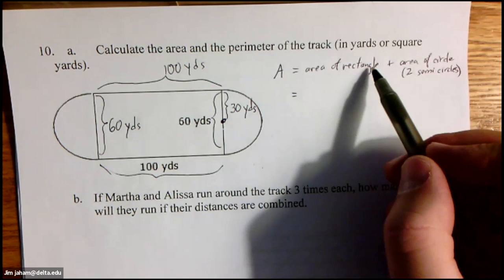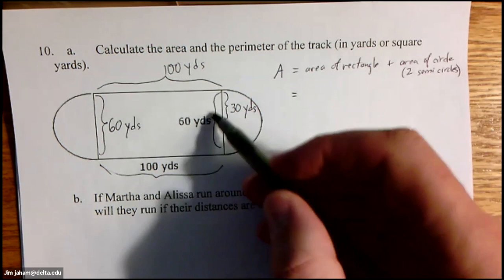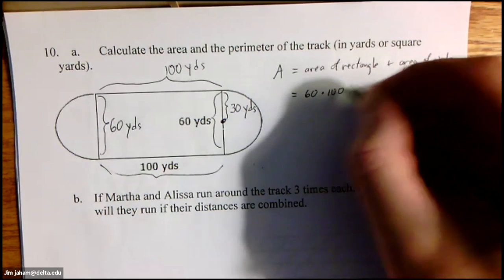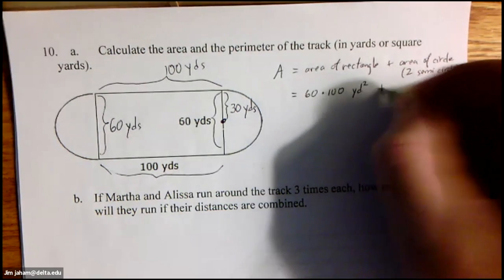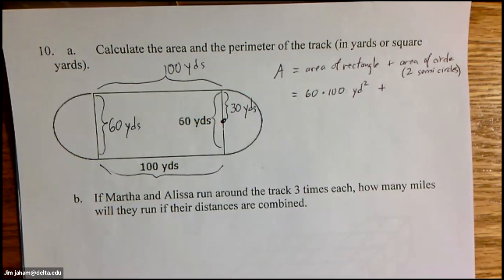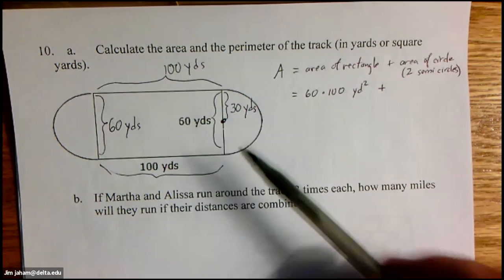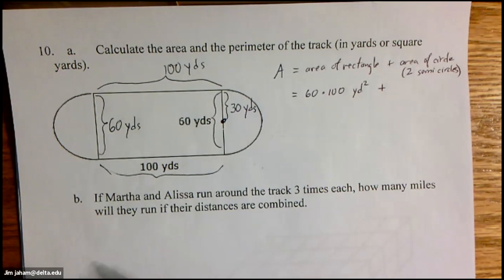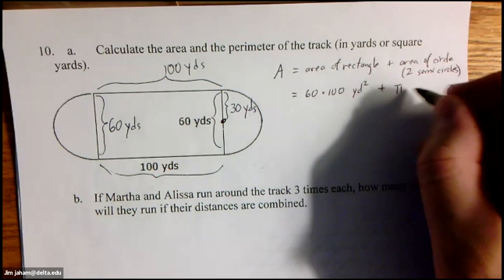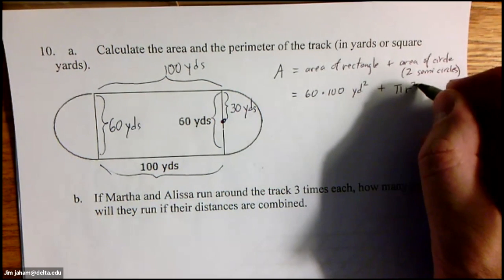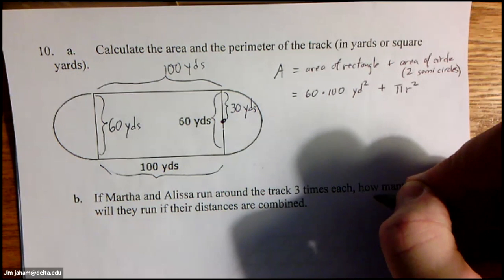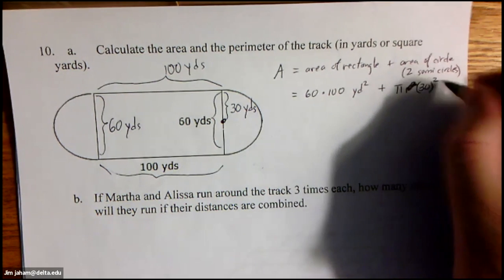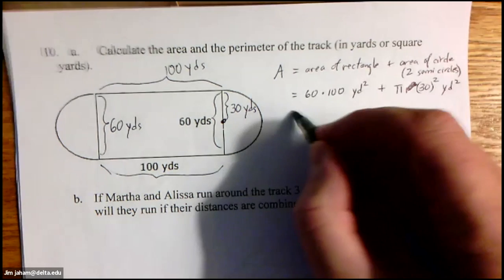So the area of the rectangle is length times width, 60 times 100, that's in square yards. And then for the area of the circle, I'm going to join this half circle with this half circle, making a whole circle. And so the area of a whole circle is pi r squared, and the radius is 30. So 30 squared, again, square yards.